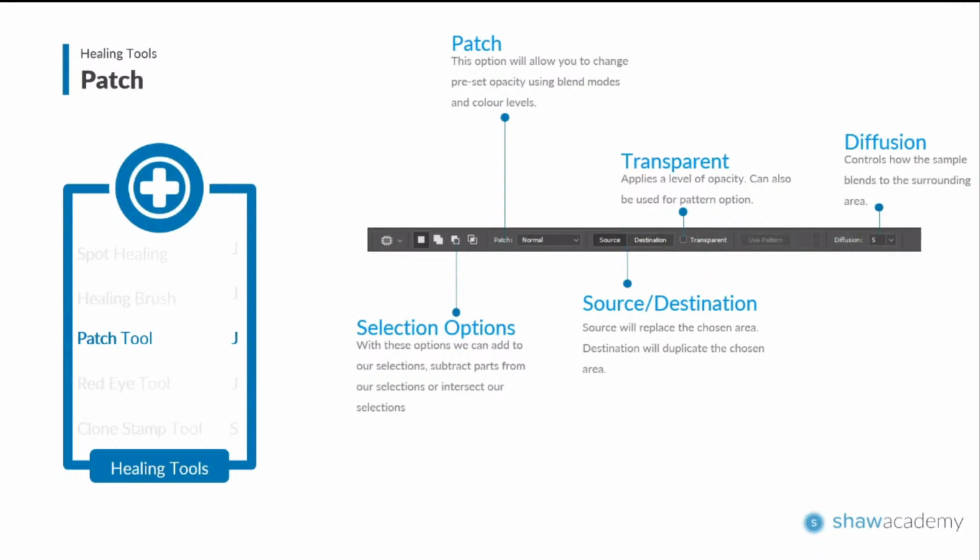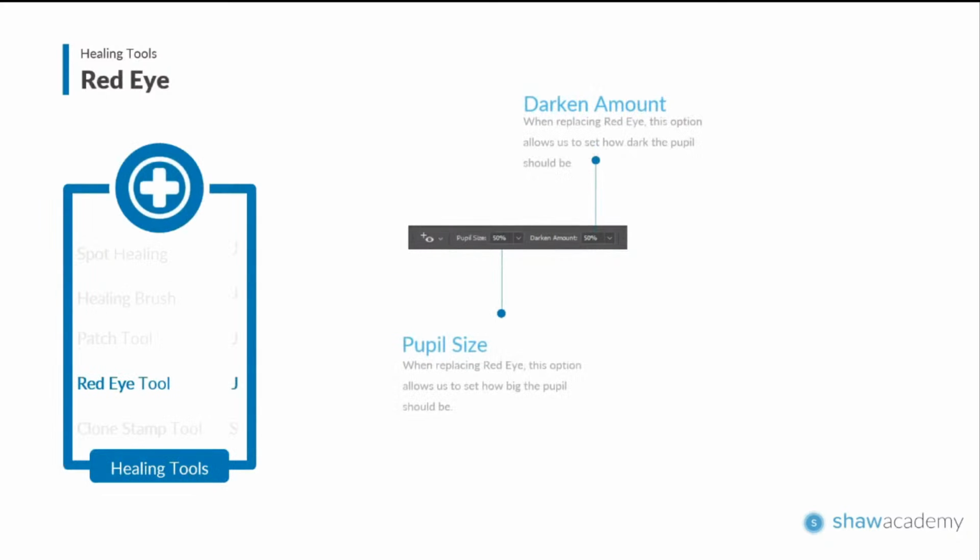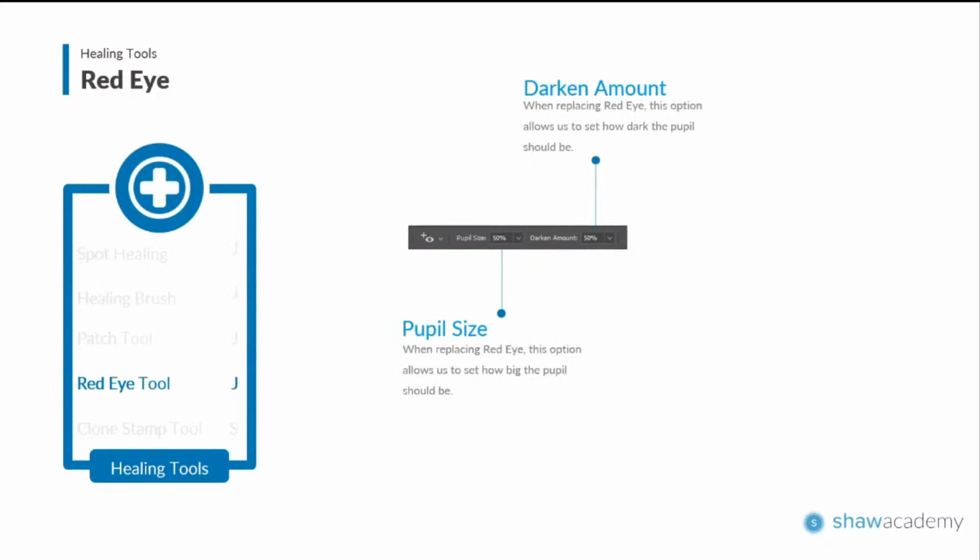Now, the patch tool works slightly differently compared to our brush tools, as we highlight an area and it'll actually fill in that area for us. Our red eye tool is pretty self-explanatory. If you've got a photograph that has red eye in it, you can remove that using our red eye tool.